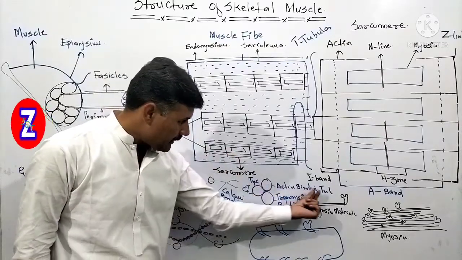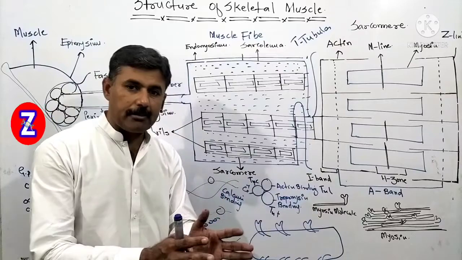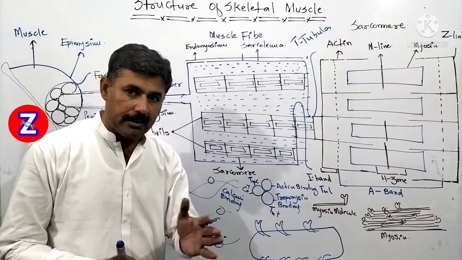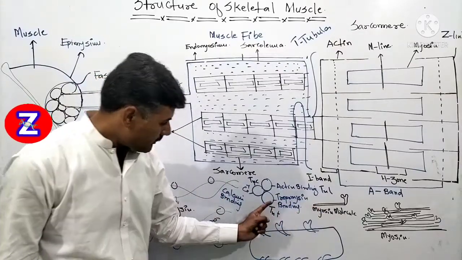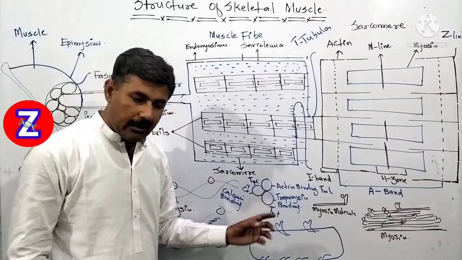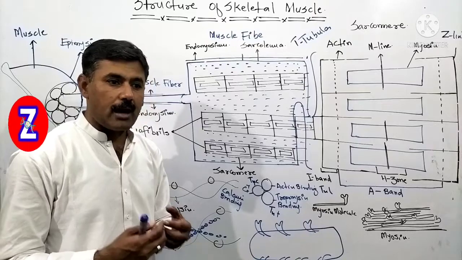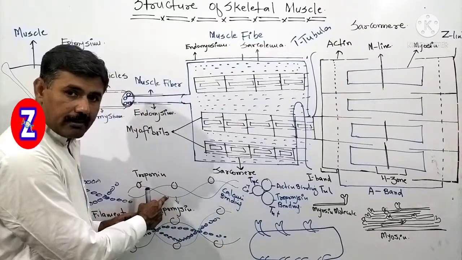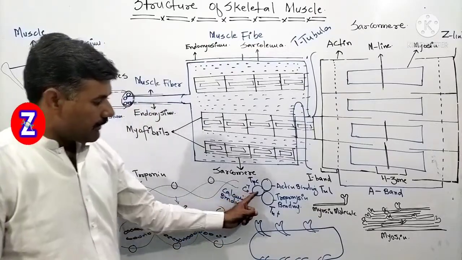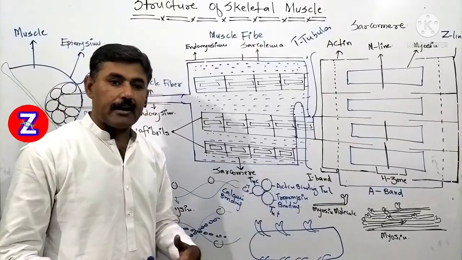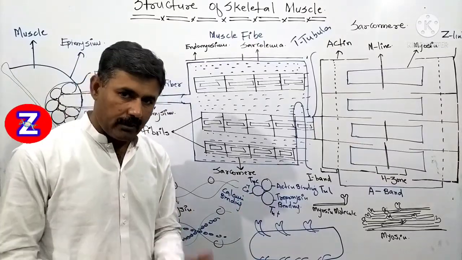It has the TNI unit, which is an inhibitory site that lets troponin bind with actin. And it has TNT, and this TNT end of troponin lets it bind with tropomyosin. It has one more end called TNC, where troponin can bind with calcium.